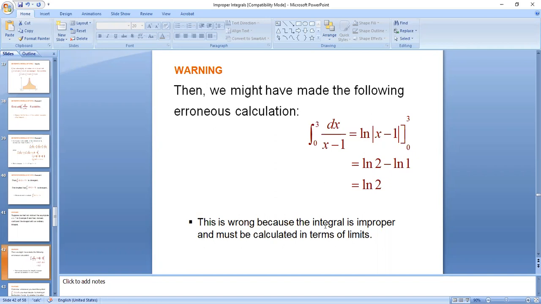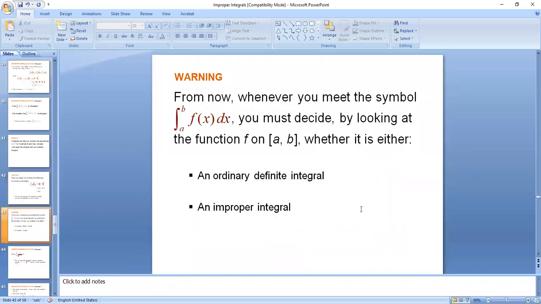So this is wrong because the integral is improper and must be calculated in terms of limits. We don't evaluate improper integrals the way we do ordinary integrals. They have to be converted into their equivalent expressions wherein we apply the concept of limits. Now we proceed if there aren't any questions.